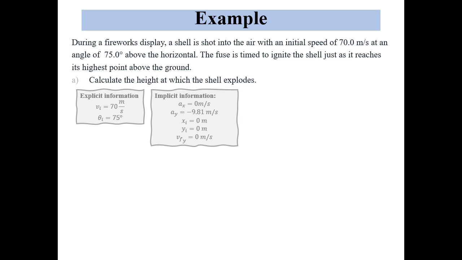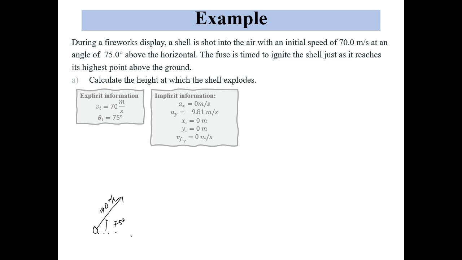The first thing you should always do is start with a diagram, to get an understanding of what it looks like. So I have an object that is launched at an angle of 75 degrees with respect to the horizontal, at an initial speed of 70 meters per second.